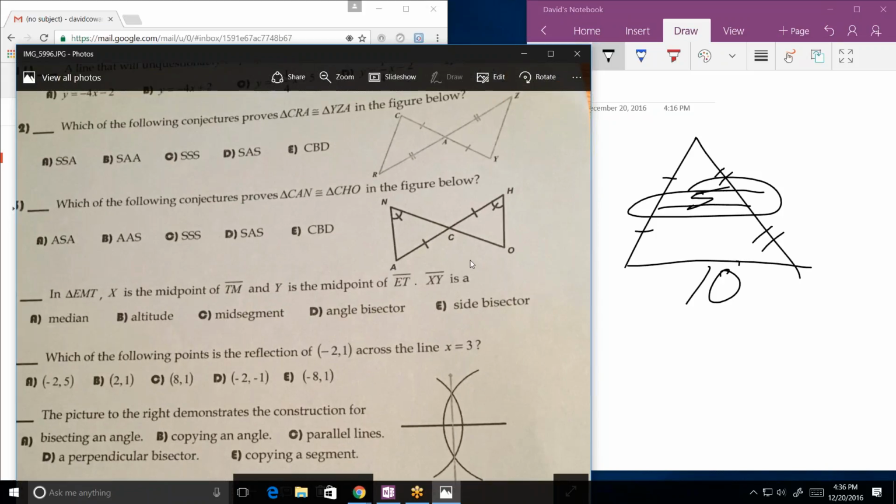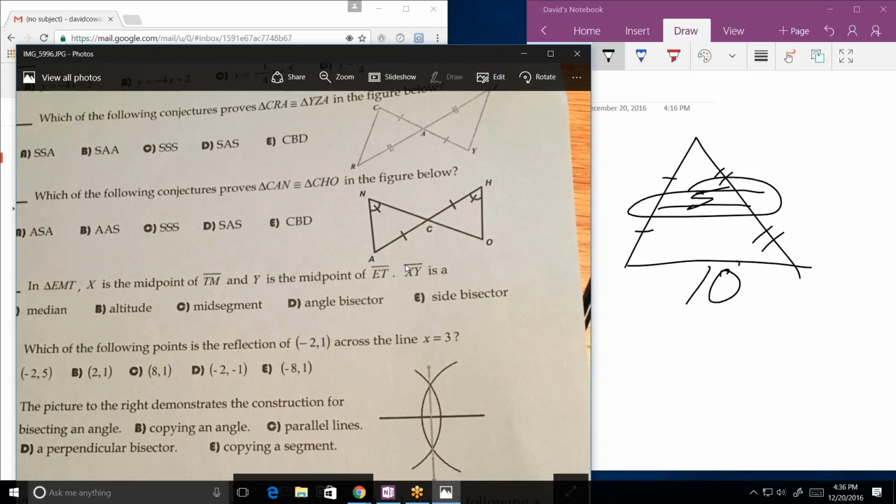Well, let's look at this a second. No, we can't at all because we may know the... let's say N is 60 degrees. This is hypothetical. Let's say N is 60 degrees, C is 90 degrees, and A is 30 degrees. And then H is 60 degrees, C is 90 degrees, and O is 30 degrees.